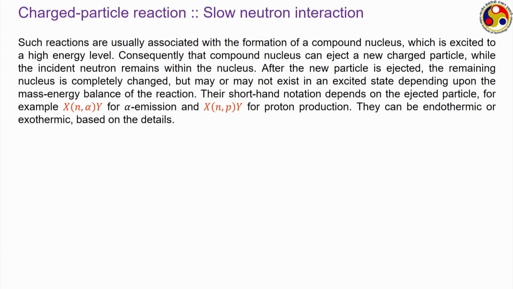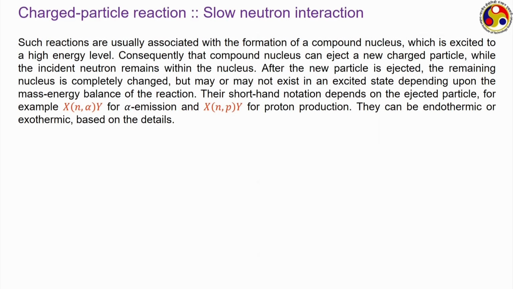Another possible kind of interaction is the charged particle reaction. When a nucleus absorbs a neutron, forming a compound nucleus that is generally at a higher energy level, quite often it can eject one charged particle such as an alpha particle or, in very rare situations, a proton.